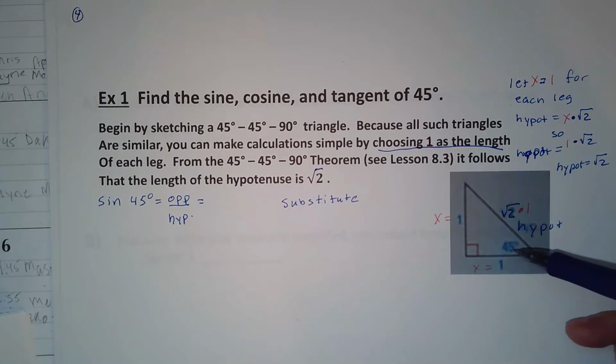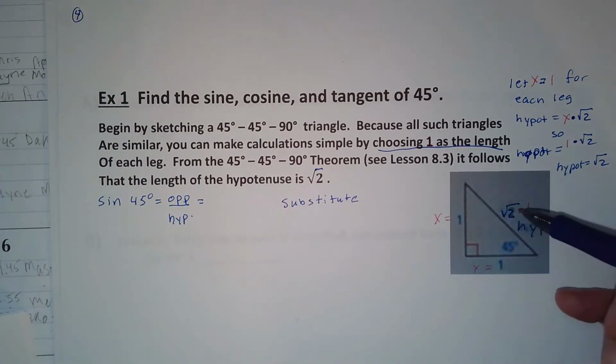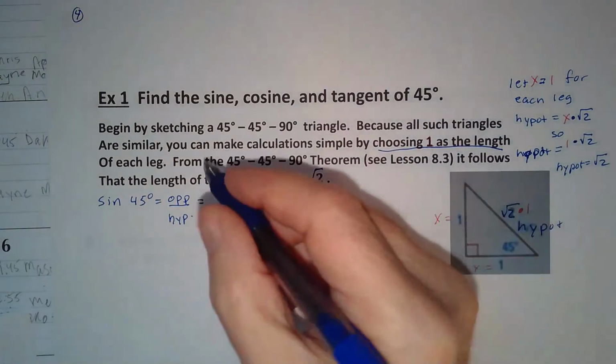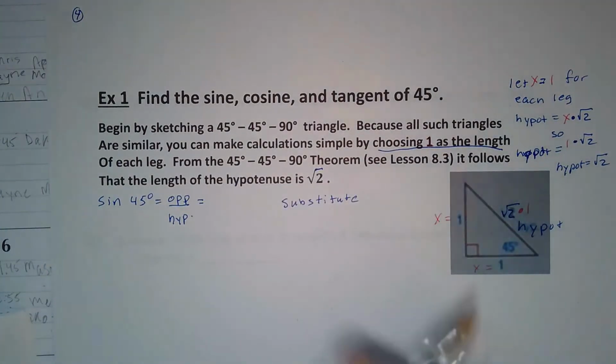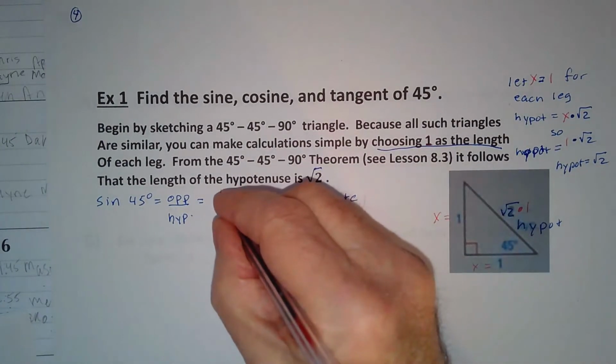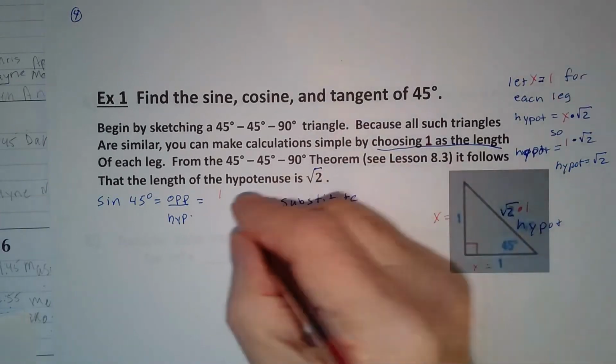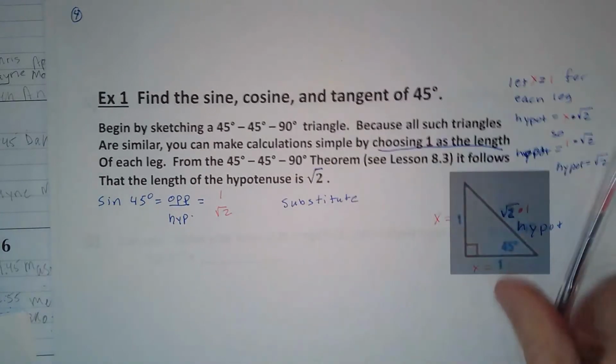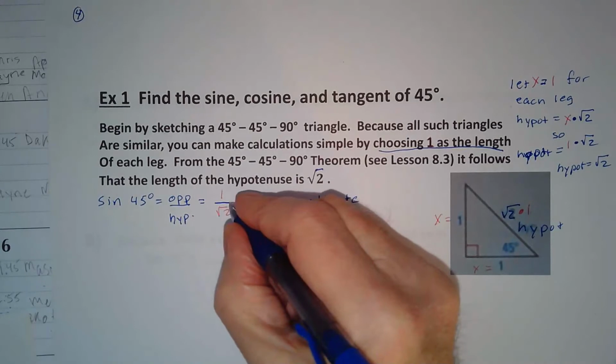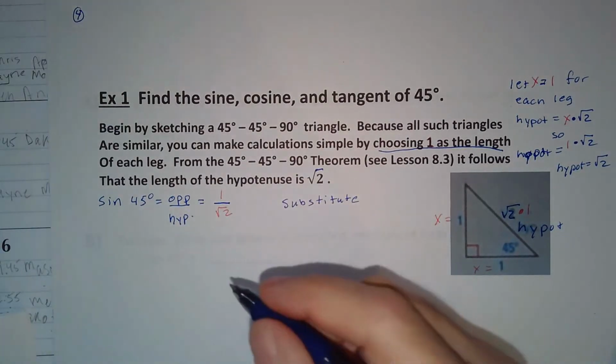Here's the 45 degrees. Here's opposite, that's 1, over the hypotenuse, that's the square root of 2. So it equals 1 over the square root of 2. Okay? That's your answer.